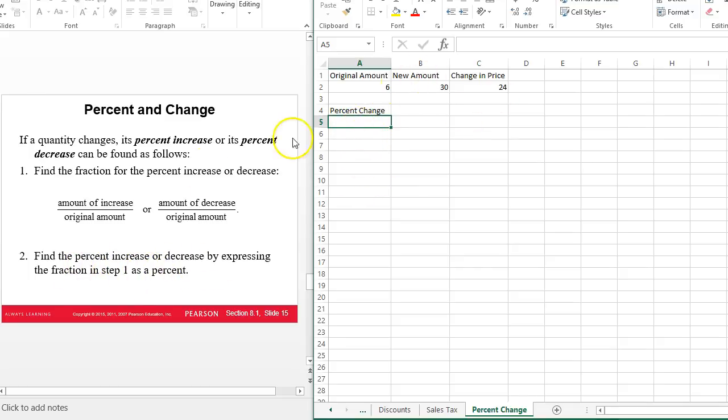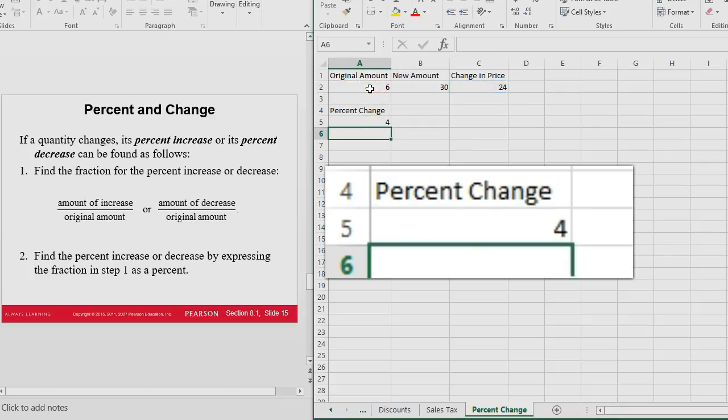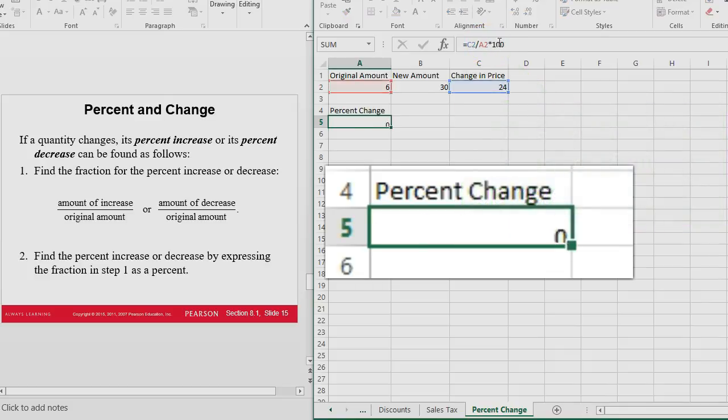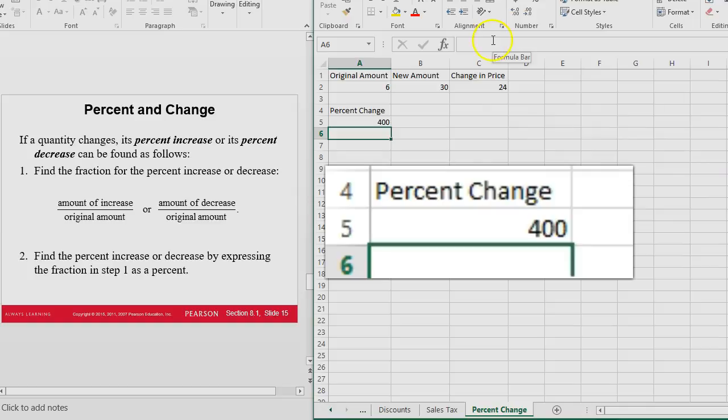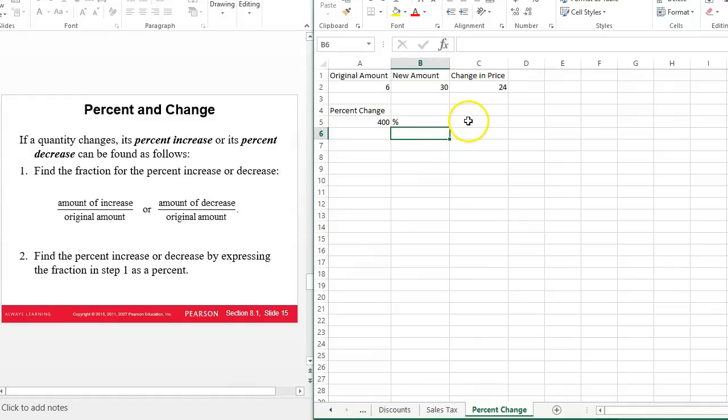So this will be a fraction, because it's two numbers, one over the other, and then times 100 to get it to percent. So I'm going to type in equals change divided by the original. Oops, sorry. Change divided by original times 100. Alright, so there's 400%.